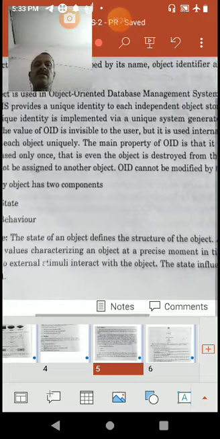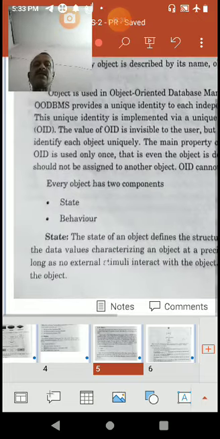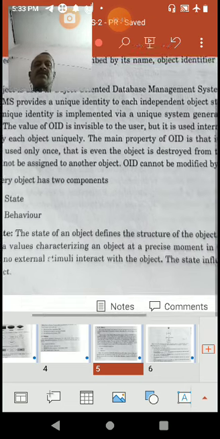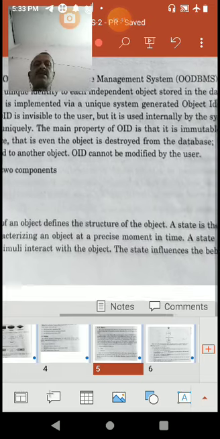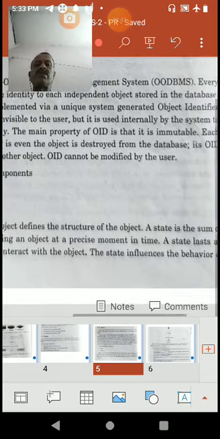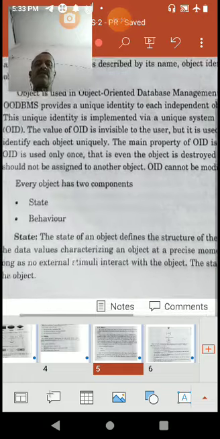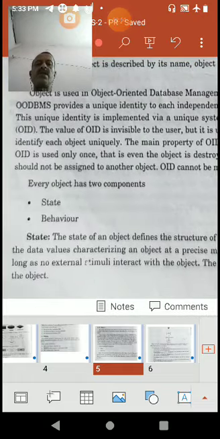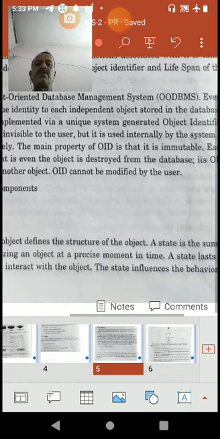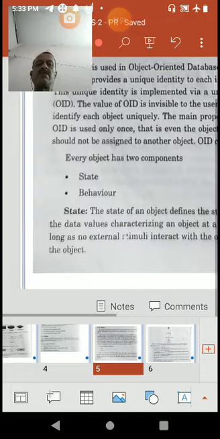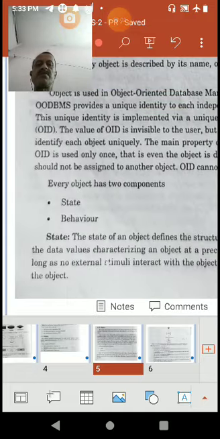The state is the sum of the data values characterizing an object at a precise moment in time. A state lasts as long as no external stimuli interact with the object. The state influences the behavior of the object.